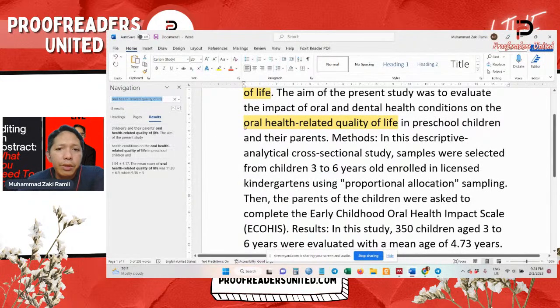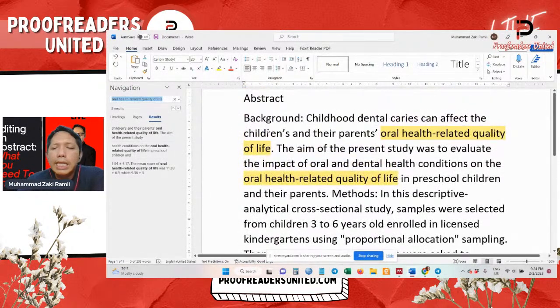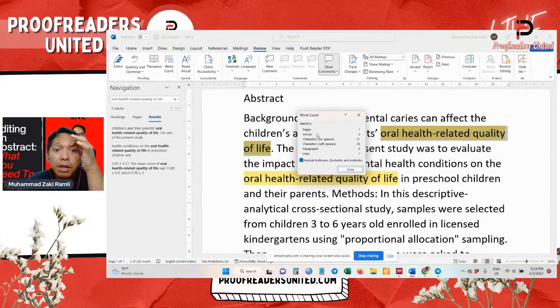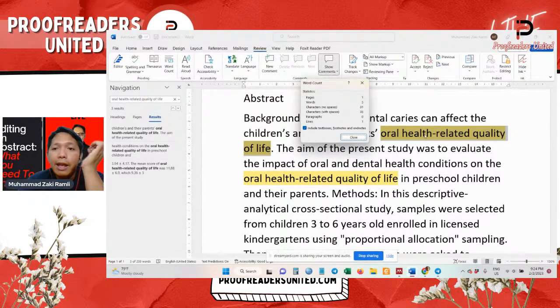Can you see this very long phrase is repeated 3 times, and the number of words here is 1, 2, 3, 4, 5. I wonder whether "health-related" is 1 word or 2 words. So based on here, 1, 2, 3, 4, 5.